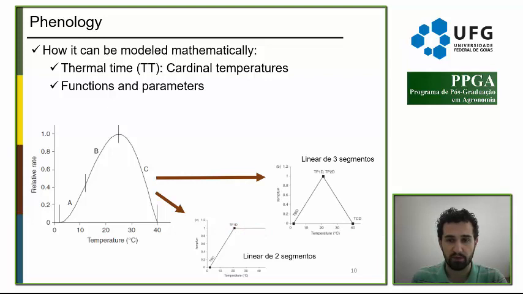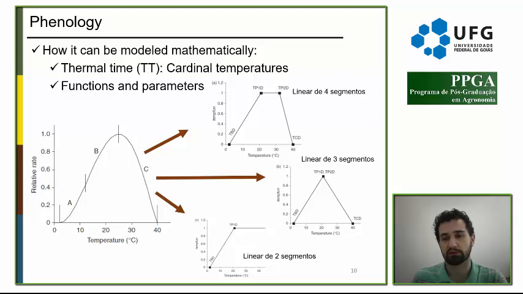This is one possibility. Another one is to use a linear with 3 points. So I have the base temperature, I have the optimum temperature, one value, and we have the maximum temperature for the crop. So very similar to this response.